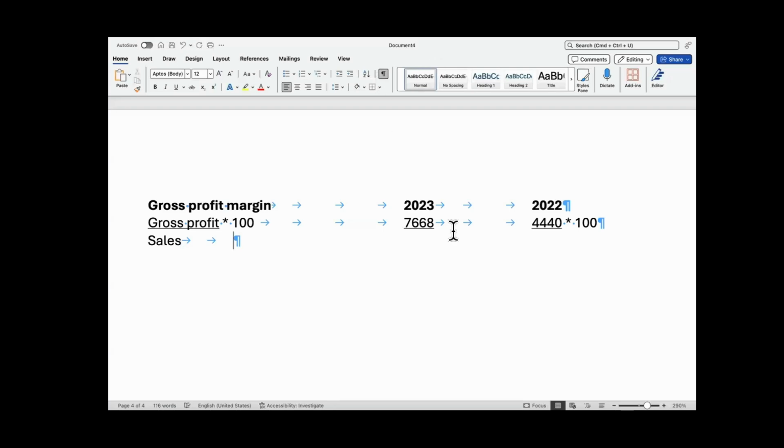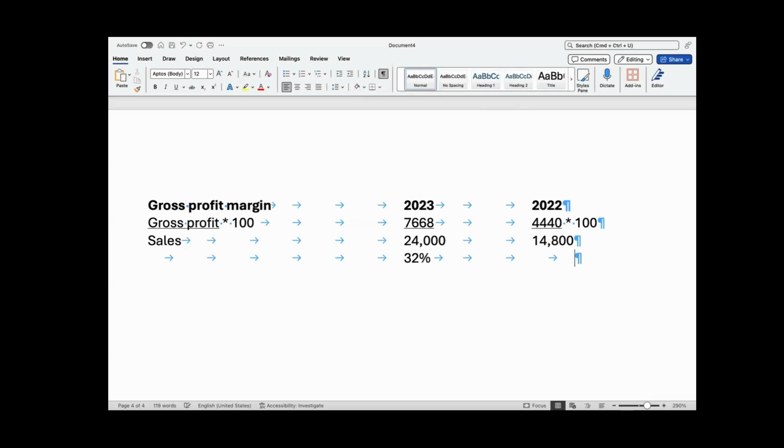$24,000. How about 2022? 14,800. So what's the ratio? 32% for 2023.